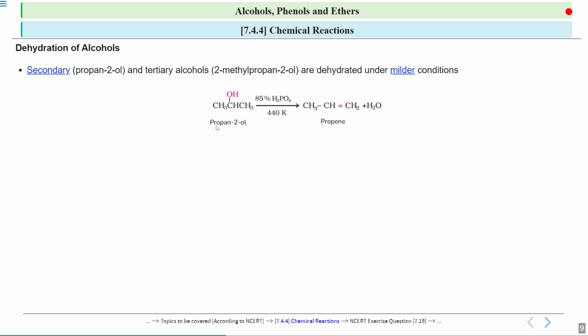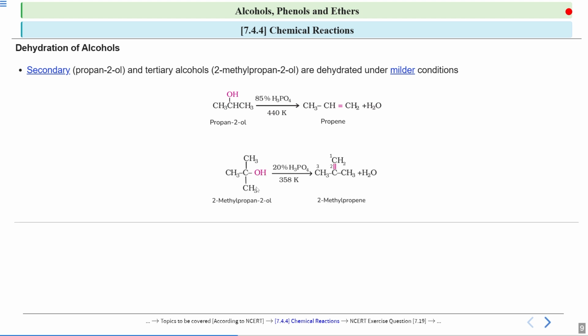If you take a secondary alcohol, this carbon is further connected to two other carbons and has the OH group attached. This is propan-2-ol, because the OH group is attached to the second carbon. Here you take 85% concentrated H3PO4, you do not require 100% concentrated acid, and the temperature is less than for primary alcohols. From this alcohol, propene is formed and water is released.